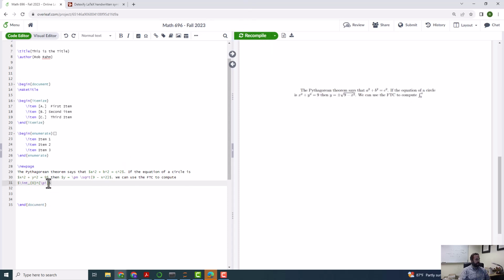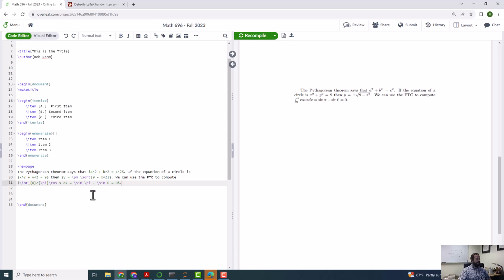So we have that right there. And let's say we want to do cosine x, so backslash cos x dx. And then this is going to be equal to sine of pi minus sine of 0, which is equal to 0. And this is what we get here.